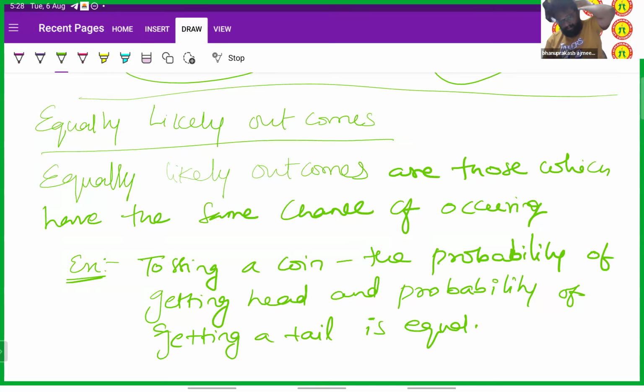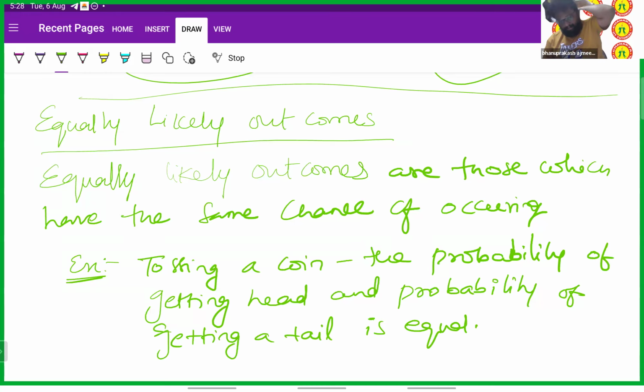Equally likely means two faces are on the coin, one face is head and one face is tail. If you toss this coin in the air, you equally have the chance, that it might be head or it might be tail.